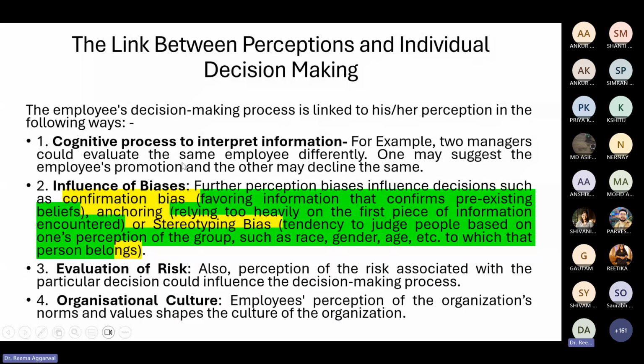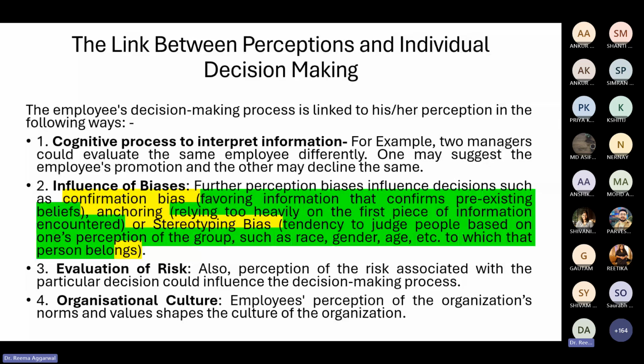So two managers could have two different perspectives on the same employee. Second, perception is connected with decision making because individual decisions are influenced by various biases, right? In a later section, I will be covering all these biases. Let me explain one for now, confirmation bias. I have a certain belief system in my mind. I believe that the person who is scoring a top rank or top 3 rank is a very deserving person, and should get the job.